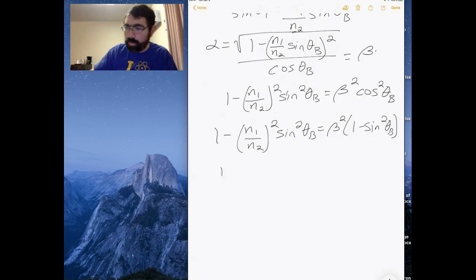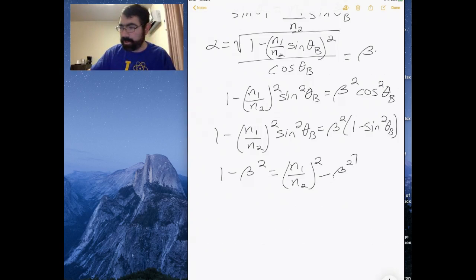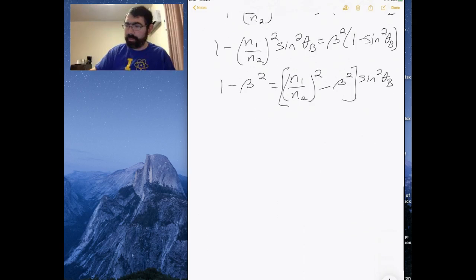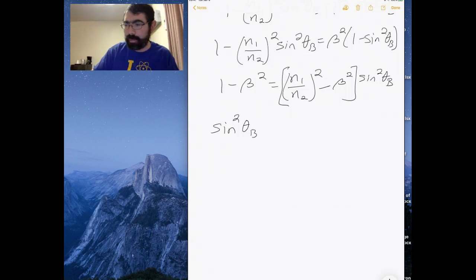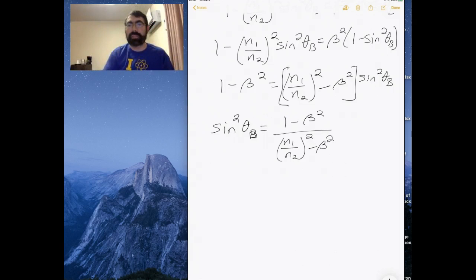Now I get 1 minus beta squared is equal to n1 over n2 quantity squared minus beta squared, times the sine squared of theta b. So if I rearrange this to solve for the angle, which is what I want to do, I get sine squared theta b is 1 minus beta squared, over n1 over n2 quantity squared minus beta squared.